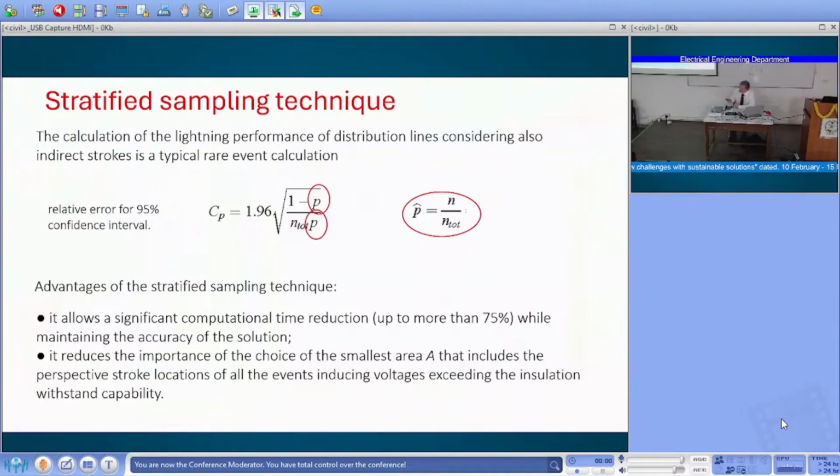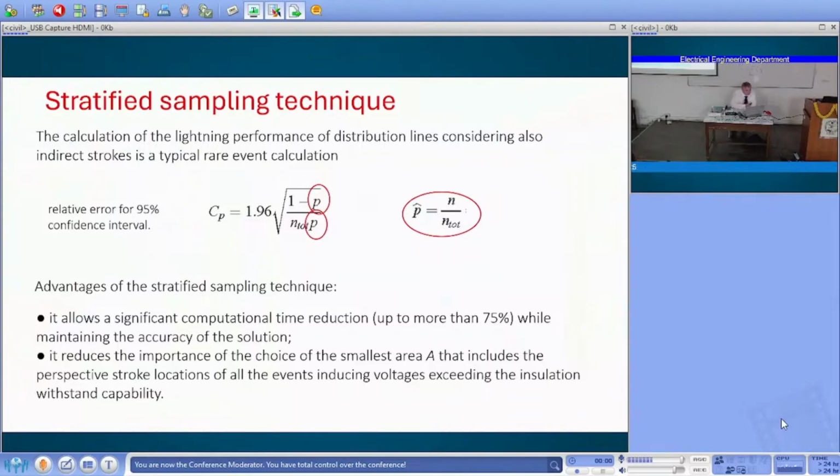In this equation, P is the estimation of the probability, the number of events that create problems, so overvoltages beyond the insulation level, with respect to the total number. Since P is low and it is in the denominator, Cp tends to be high. So we need to apply a technique in order to reduce the error.